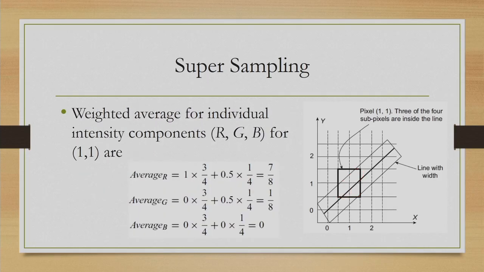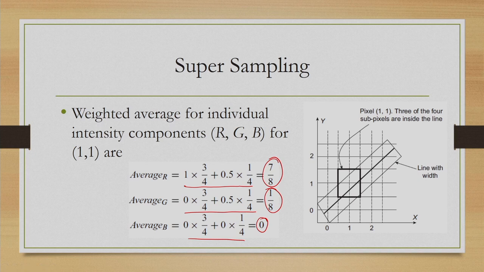Now, if we take a weighted average for individual intensity components, then we get the R value for this particular pixel as this value, the G value will be this value and the B value will be 0.